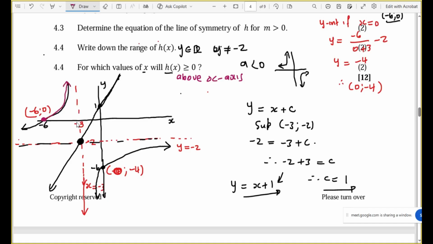But it must not touch minus 3. So it takes the x values from minus 3 to minus 6. All those values will have positive y values. So to write this, the answer here is x must be less than minus 3, and it must be greater or equal to minus 6. But it must not touch the minus 3. I hope you guys understand how we did that, 12 marks.